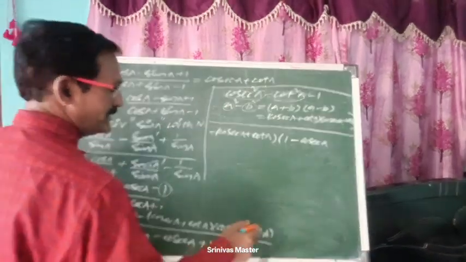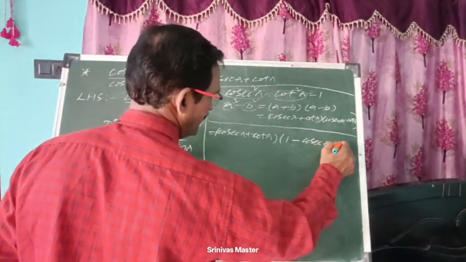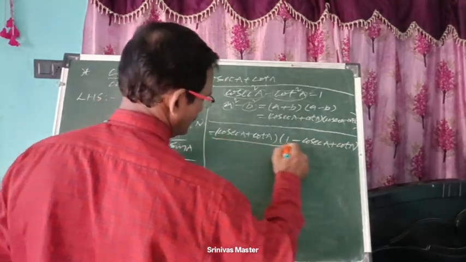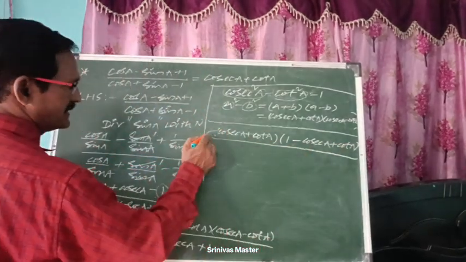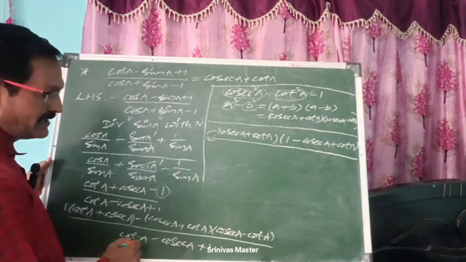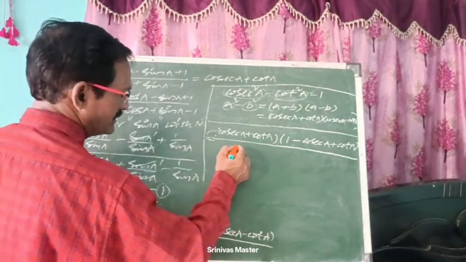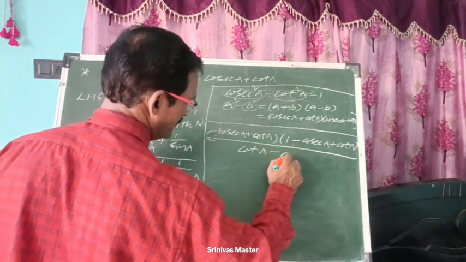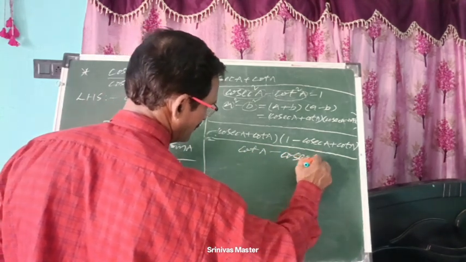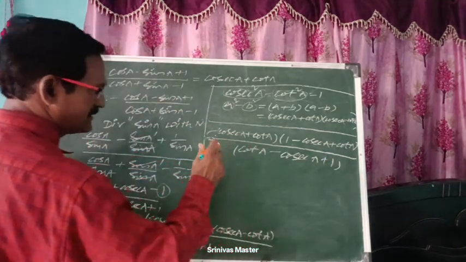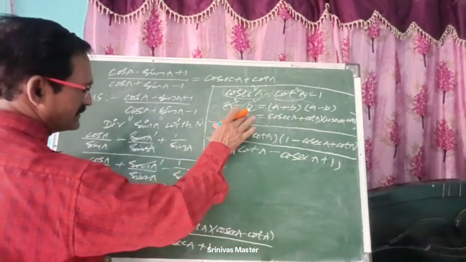Next one, minus into minus plus cot A, by what is the denominator? Denominator same, I told, no children. What is the denominator? Cot A minus cosec A plus 1.